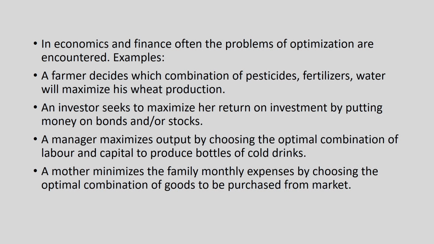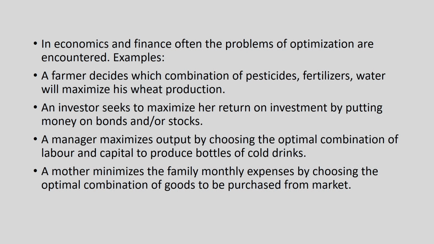On the other hand, she can put the money in buying stocks. Stocks means shares. In the case of shares, the return is not certain. It can go up and it can as well go down. It can be very high and it could be very low also. So, it is a risky asset. How should the investor allocate her funds into these different assets so as to maximize her return? So, this is another problem of optimization.